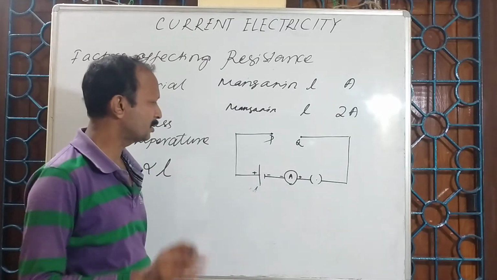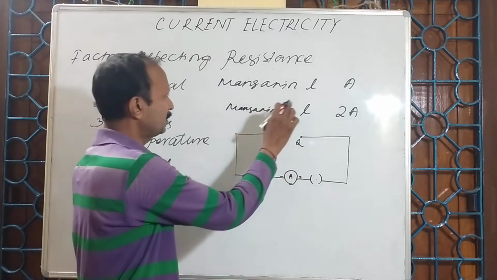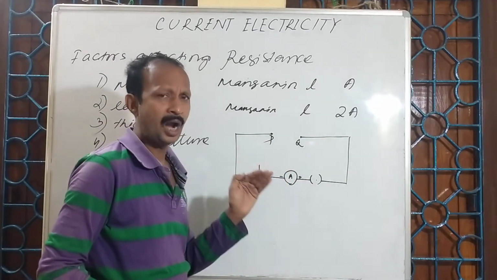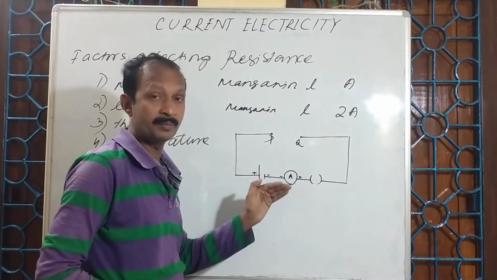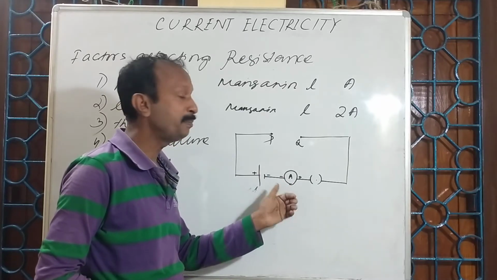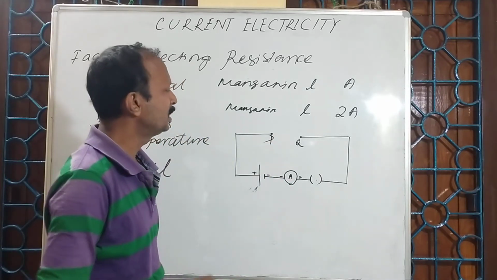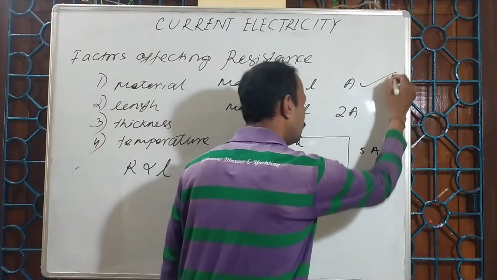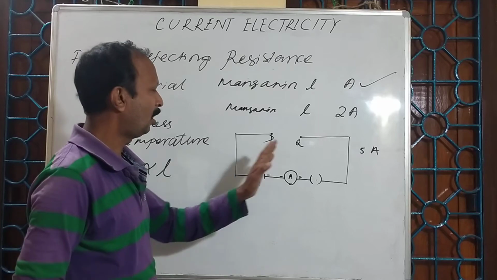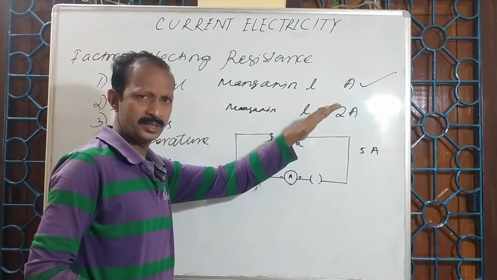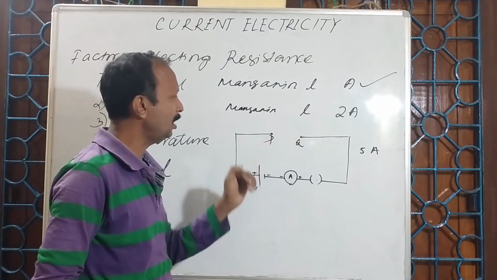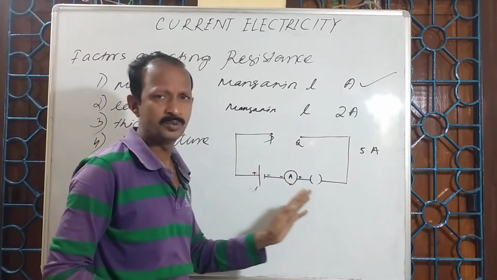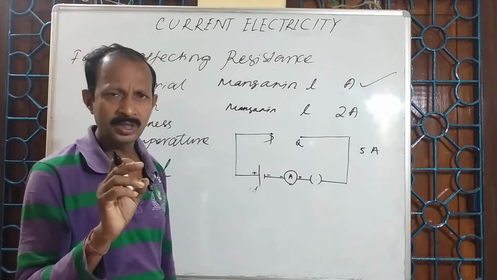Now like the previous case, you do the same thing. Connect the first resistor between the points P and Q, switch on and observe the current reading from the ammeter. For example, you got 5 ampere current. Now switch off, remove the first resistor, connect the second resistor, switch on again and observe the current through the ammeter.